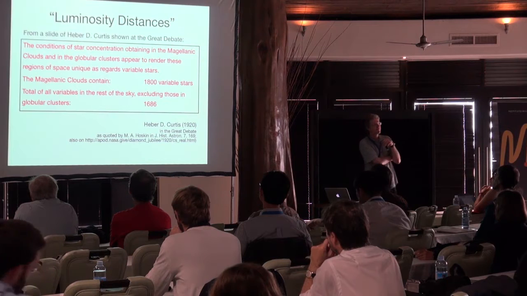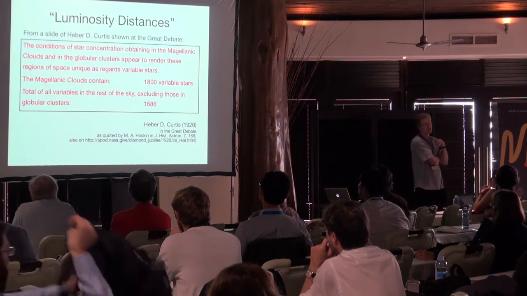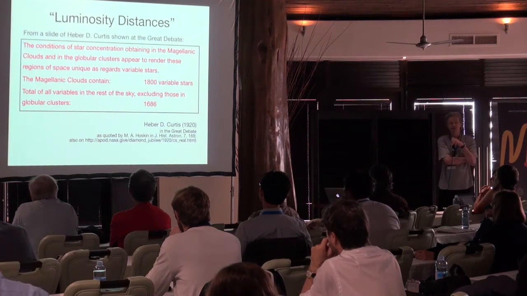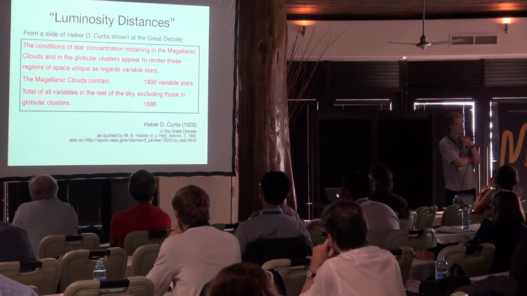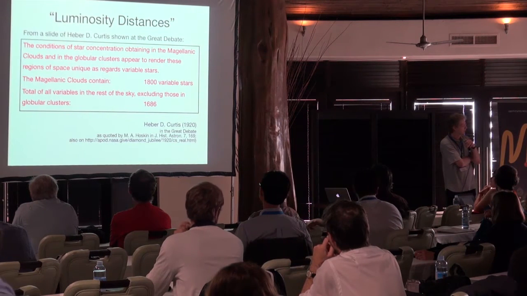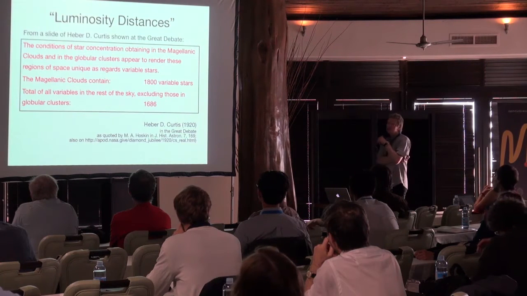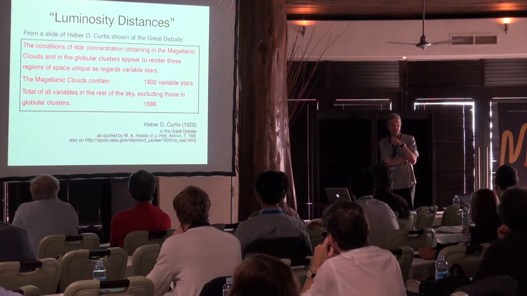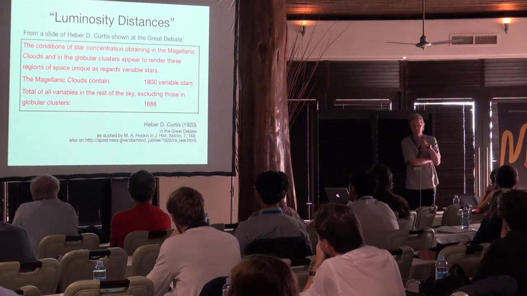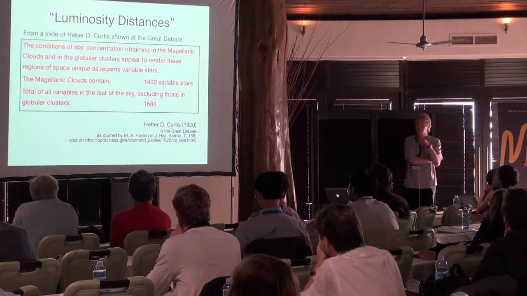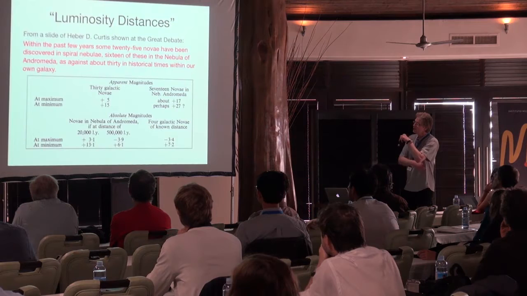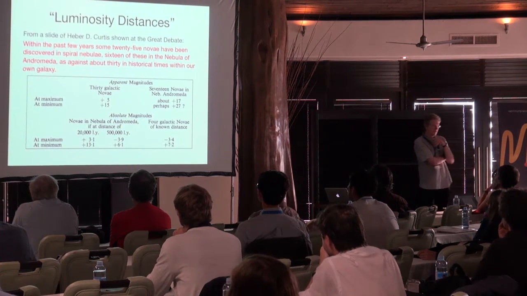And he said, is it strange that if you look at some of the nebulae, they have many more variable stars than the Milky Way and the rest of the sky. So that was one of his arguments, that these nebulae have to be large collections of many, many stars. Now he didn't push this very hard. Here's the other one. This is in Andromeda.